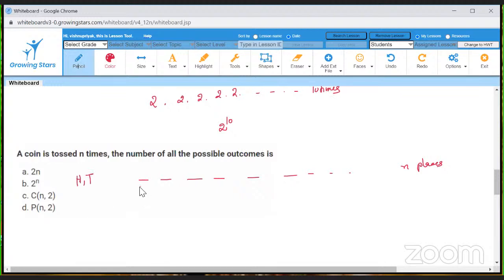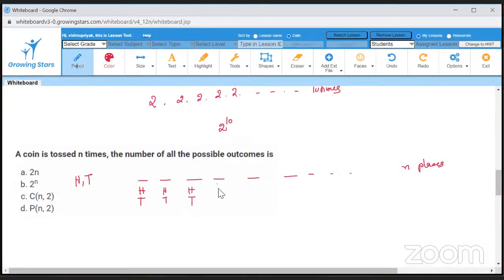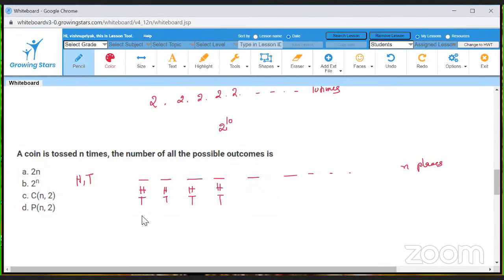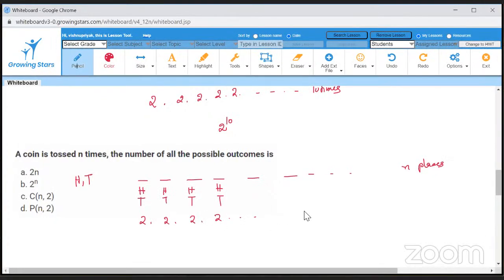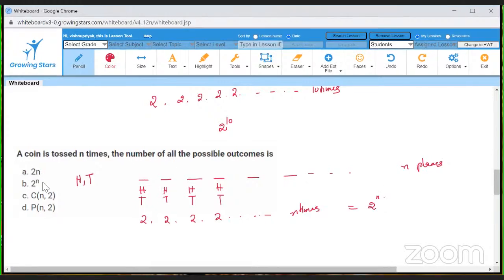First time, head may come or tail may come. Second time also, repetition may be allowed here also. Head or tail. So 2 ways, 2 ways, 2 ways, like that n times. So the total number of possible outcomes is 2 power n. Option B.